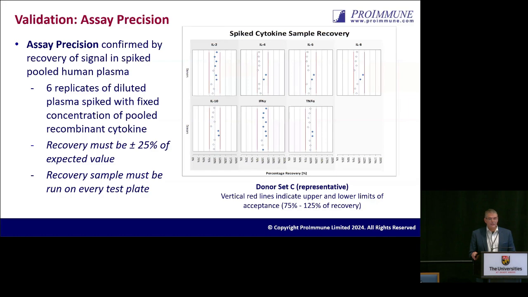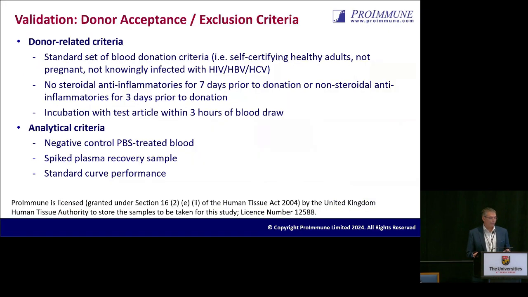The filled-in diamonds are the donors that are greater than 100%, and the empty diamonds are those that are less than 100%. And this is just one of our validation donor sets, donor set C, which is representative and shows that all the donors analyzed fall within that acceptance criteria of between 75 and 125% of recovery. So again, just to emphasize that these recovery samples must be run on every single test plate to demonstrate the confidence that you have that the signal is being recovered appropriately.